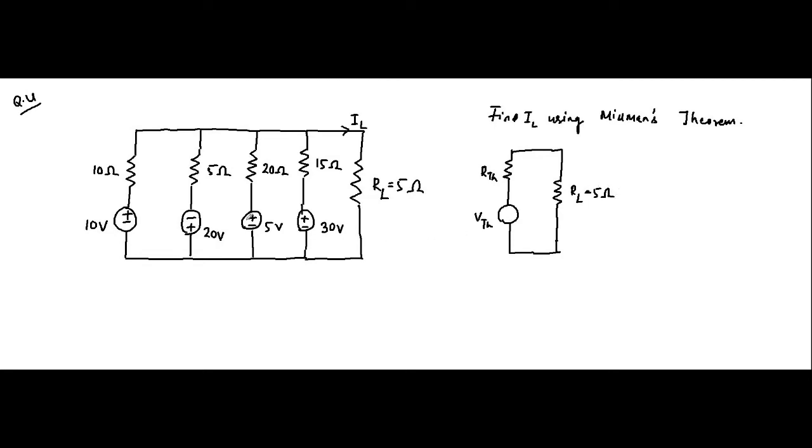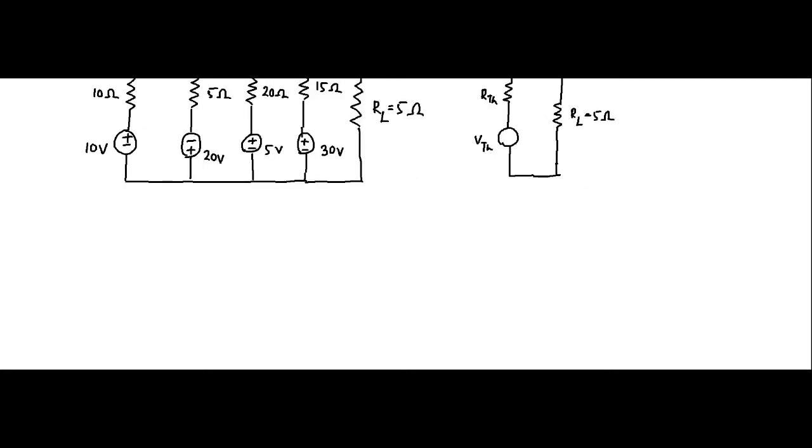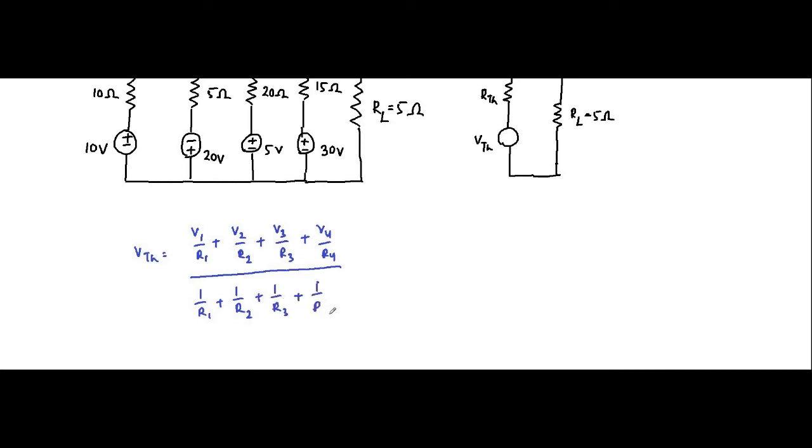Now we have to determine VTH and RTH. VTH here is V1 by R1 plus V2 by R2 plus V3 by R3 plus V4 by R4, divided by 1 by R1, 1 by R2, 1 by R3, 1 by R4.